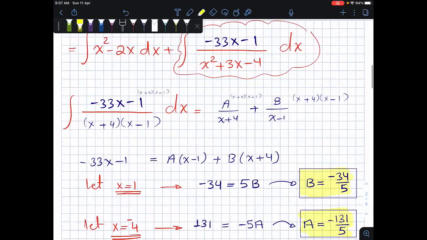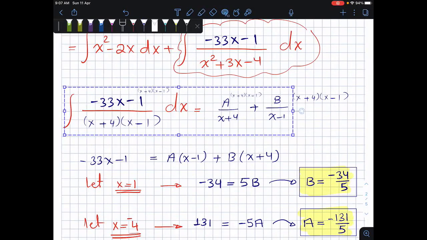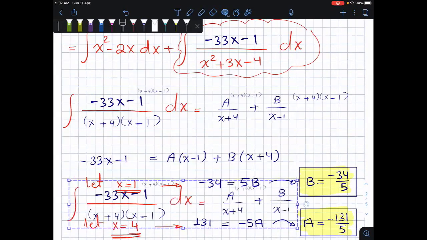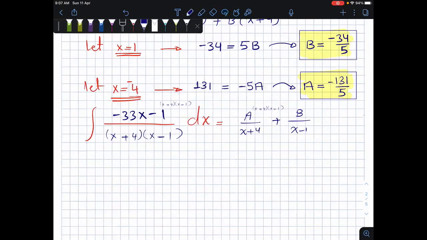And now, guys, return back to this step here. Start to substitute for a and b and integrate, so easy here. What is a? a is -131 over 5, all over x plus 4.